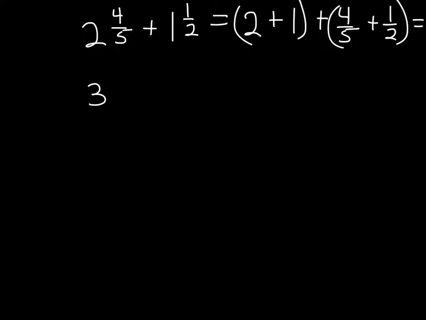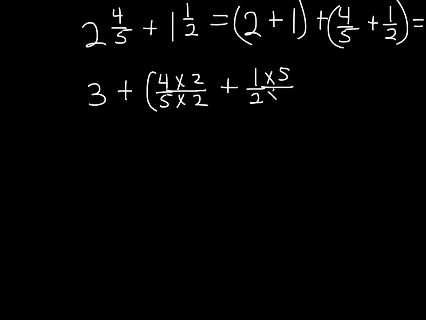And 2 plus 1, of course, is 3, and my common denominator, once again, will be 10, because I'm going to multiply 4/5 times 2 over 2, and I'm going to multiply 1/2 times 5 over 5, and that's going to give me 8/10, which is equivalent to 4/5, and 5/10, which is equivalent to 1/2.